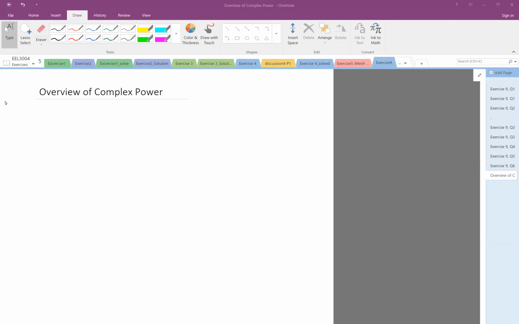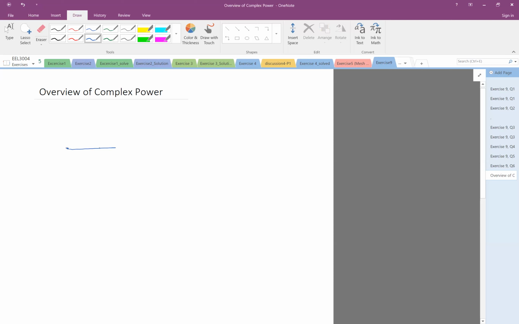So let's have an overview on different powers that we have in sinusoidal steady state analysis. You should definitely remember this right triangle.